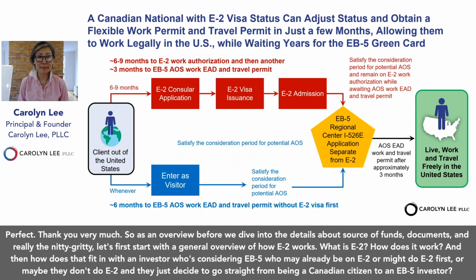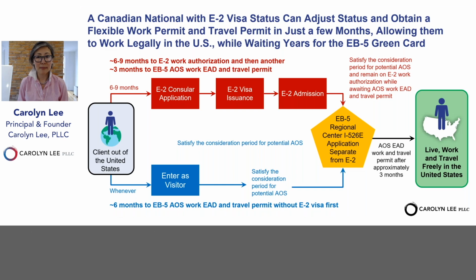And then how does that fit in with an investor who's considering EB-5, who may already be on E2 or might do E2 first, or maybe they don't do E2 and they just decide to go straight from being a Canadian citizen to an EB-5 investor.